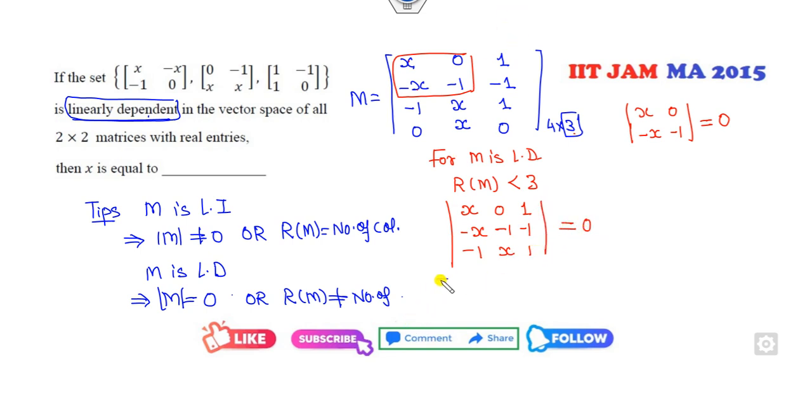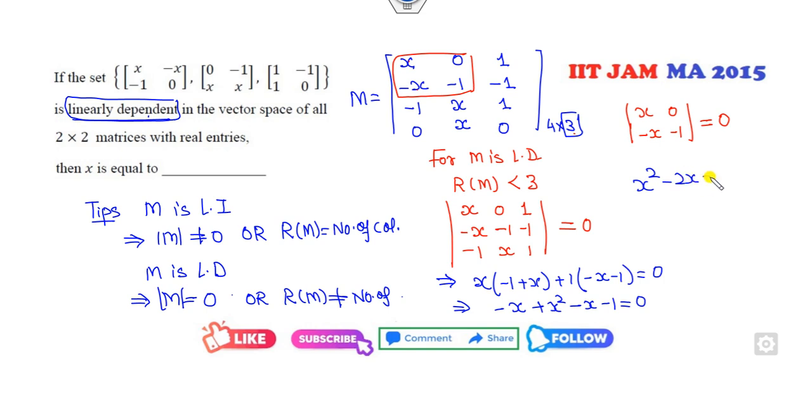Now I can expand it. So it is minus 1 plus x, 0 plus 1 is minus x, minus 1 is 0. If I open this bracket, minus x plus x square minus x minus 1 is 0. That means x square minus 2x minus 1 is 0. Is it okay?